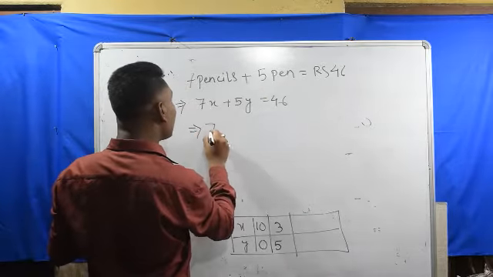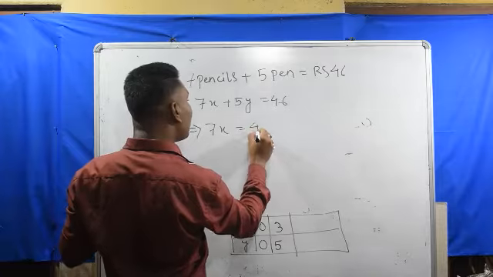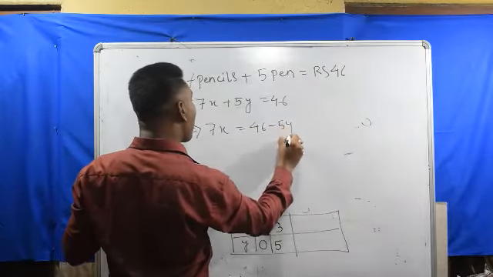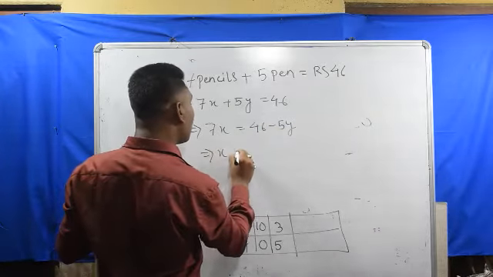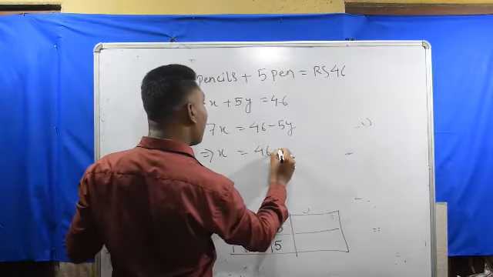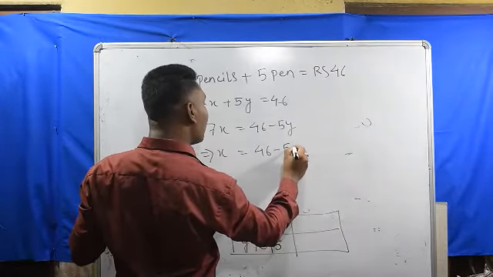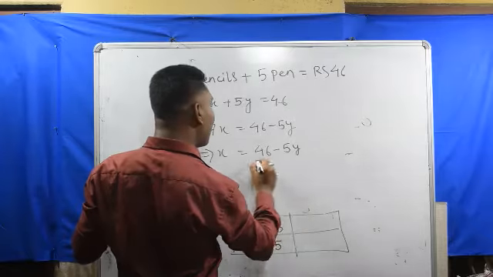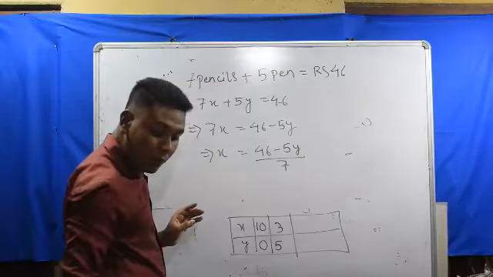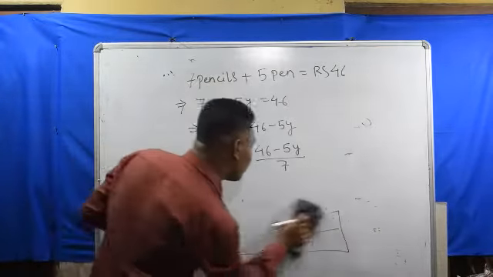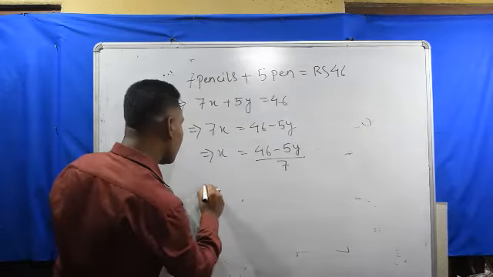So 7x is equal to 46 minus 5y. x equals 46 minus 5y by 7. So solve for this. Plot a graph for this.